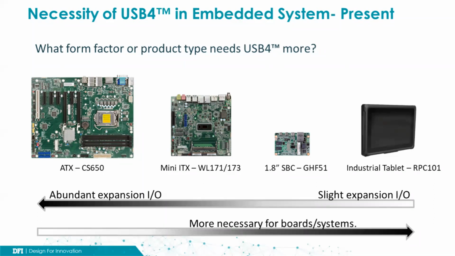To approach these two goals, we've noticed that most consumer tablets are using USB Type-C or Thunderbolt 3 for users' expansion requirements. It'll be the same situation in industrial tablets, so I believe USB4 is important to industrial mobile devices.